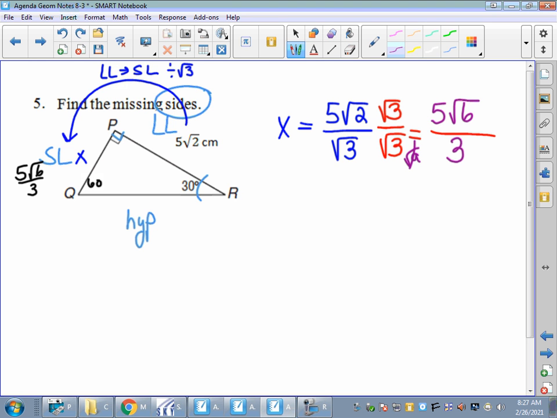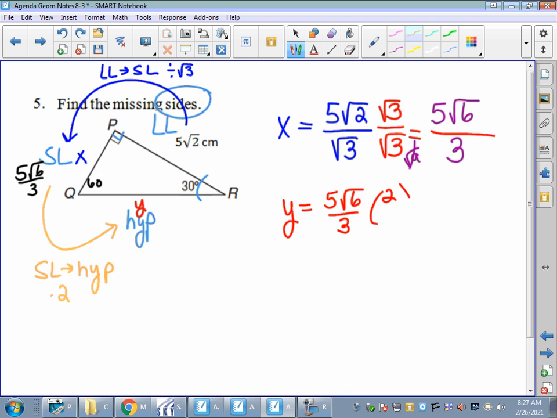So now that we've got this short leg to hypotenuse, this is the easy one, multiply by 2. So I'll call this one y. So y is equal to my short leg, 5 square roots of 6 over 3, multiplied by 2. And wouldn't it be easier to call that 2 over 1 so everything lines up?